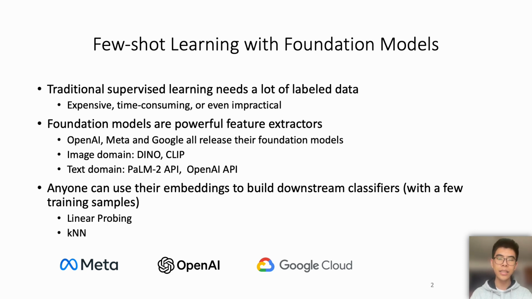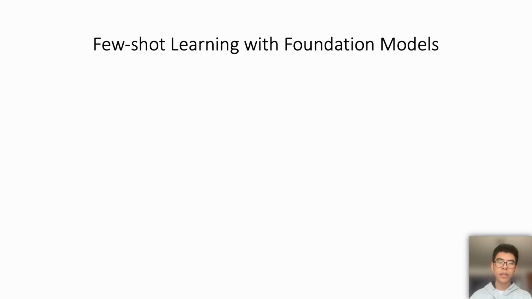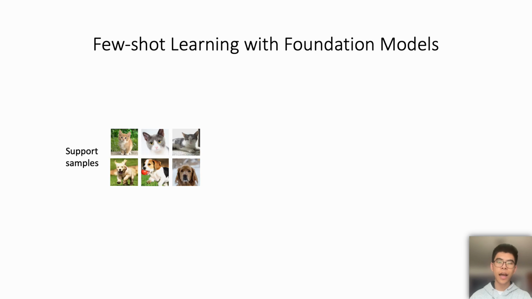Using their high-quality embeddings, anyone can build accurate downstream classifiers with only a few training samples, leveraging techniques such as linear probing and KNN. Suppose a user wanted to classify cat and dog images. The user could collect a few training samples, which are also called support samples, for each class from the internet.